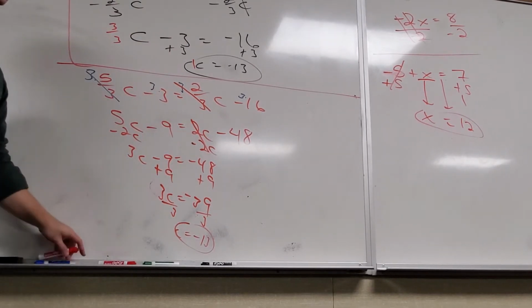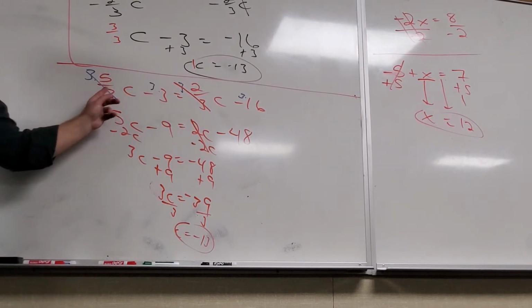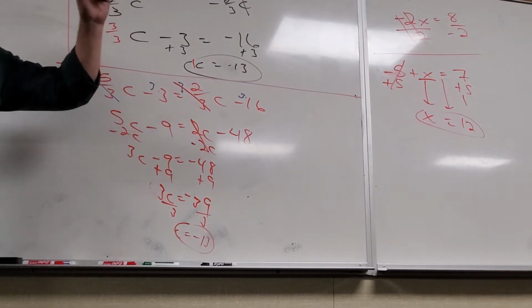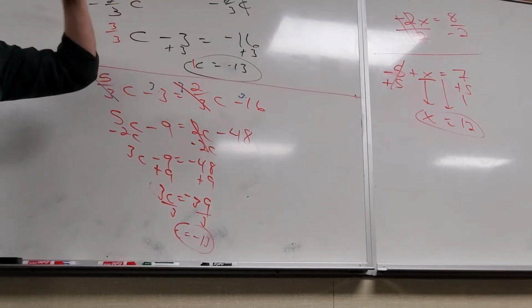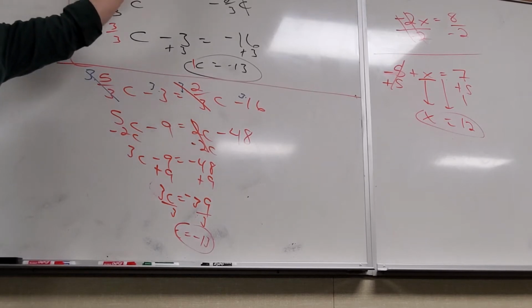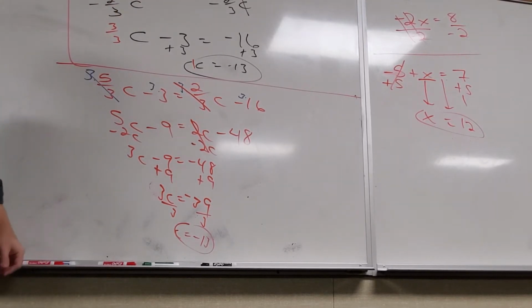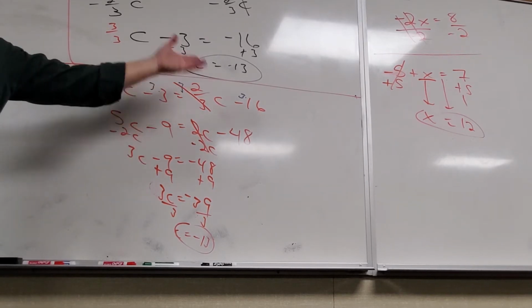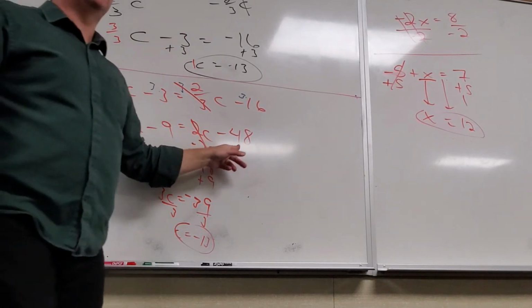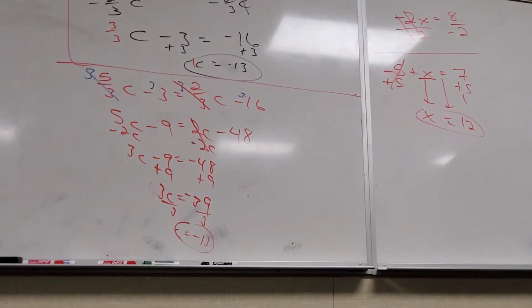But I want you to realize that everything I tell you will always work. It's just that they're only useful in certain situations. In other situations, they might make it look much worse than it needs to. This wasn't that bad if you kill the fractions, but you're always going to make the numbers bigger because you're multiplying by something to kill them, right?